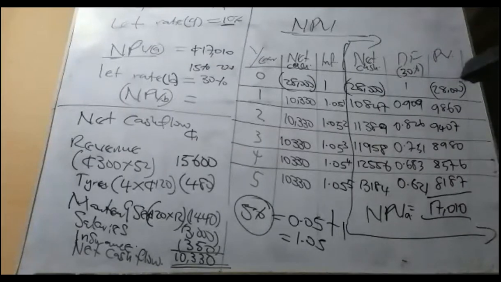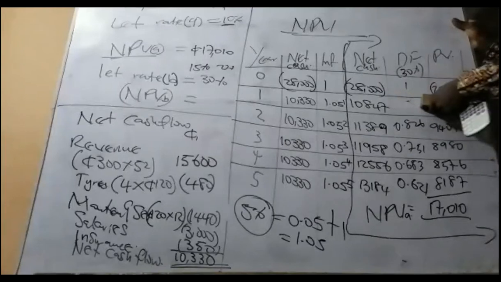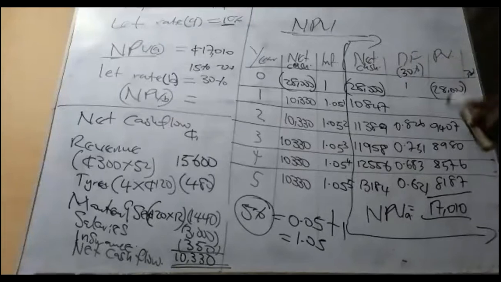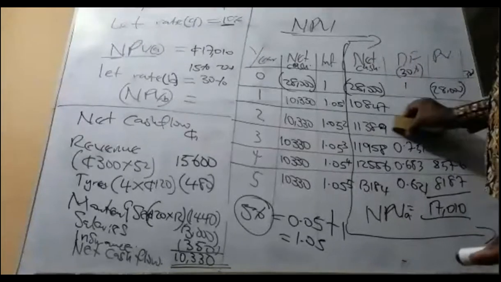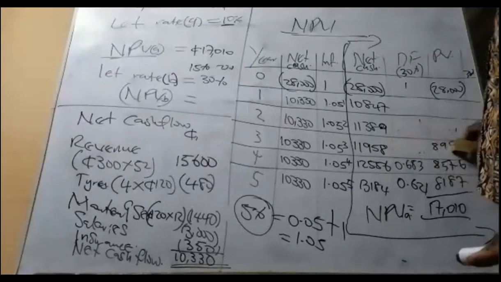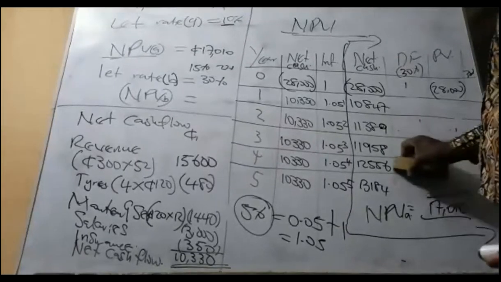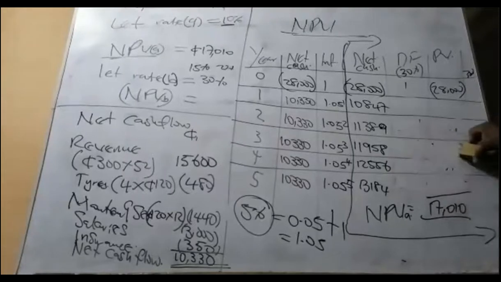Okay, so basically that is it. The idea is to get two NPVs. You are done. So let me take this section off. Then let's calculate new discount factors at 30%, so that we put them in and get a new NPV.